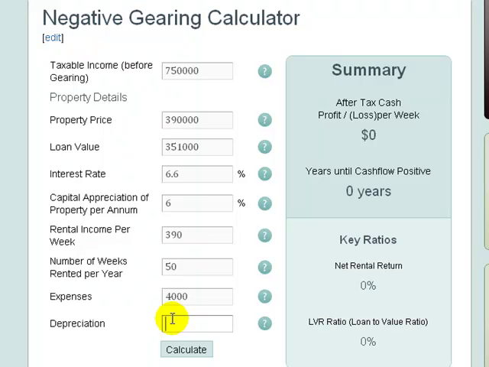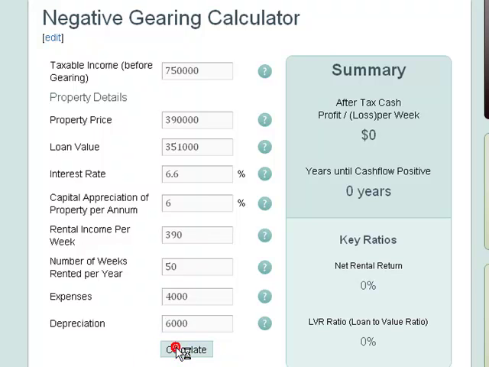But for the moment, I'm going to assume about $6,000 in depreciation on the basis that it's a new apartment. It will change depending on what type of property you've purchased, when it was built, and a number of other factors, the type of build, etc.